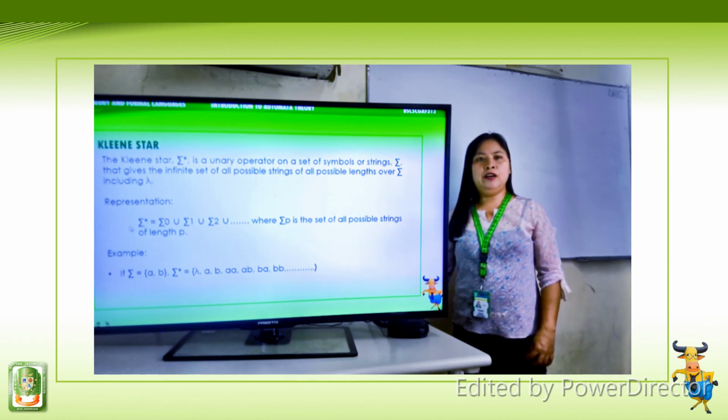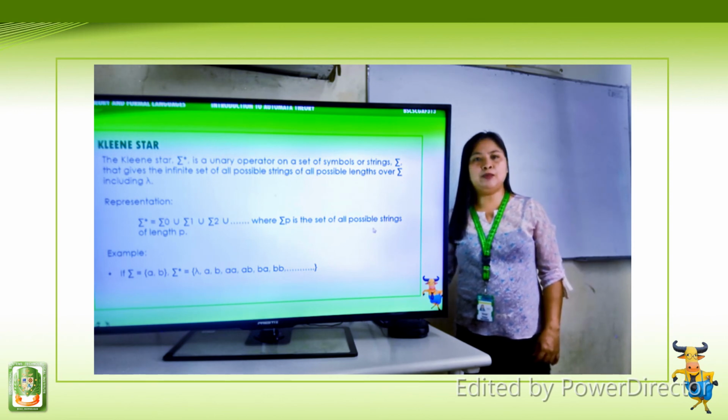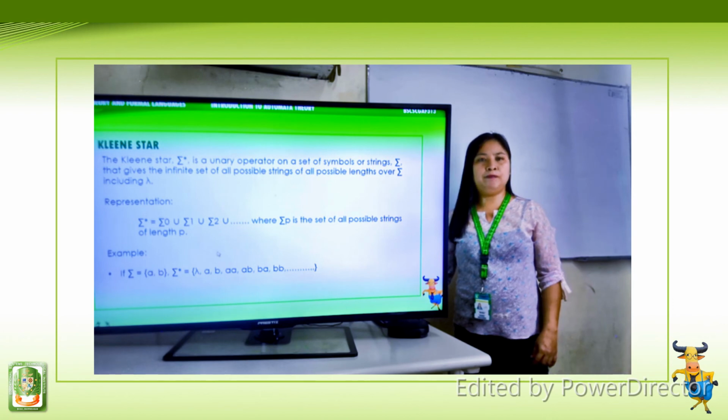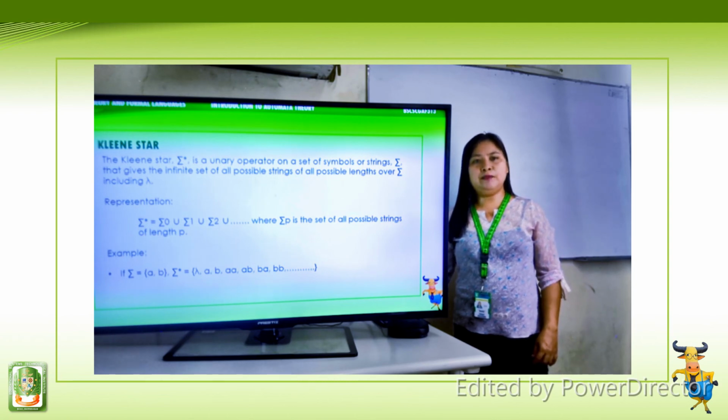The Kleene star equals the union of the alphabet to the power 0, 1, 2, and so on and so forth, where each is the set of all possible strings of length P. For example, if an alphabet consists of symbols A and B, then the Kleene star of that alphabet equals an empty string, A, B, AB, BA, BB, ABB, and so on and so forth, as long as the symbols belong to the alphabet consisting of symbols A and B.